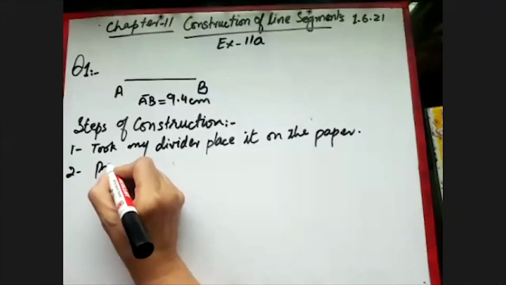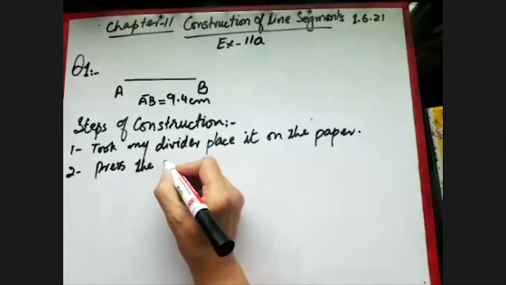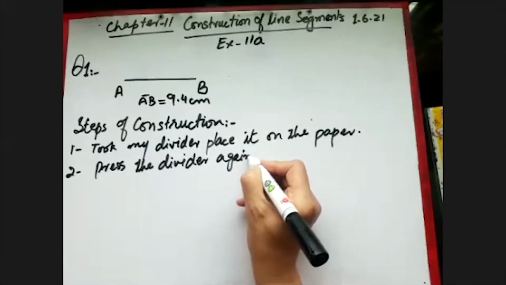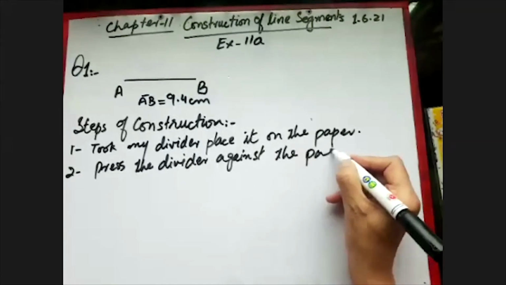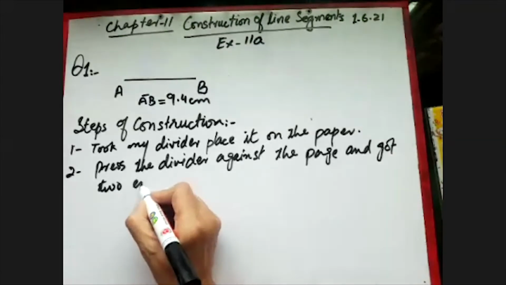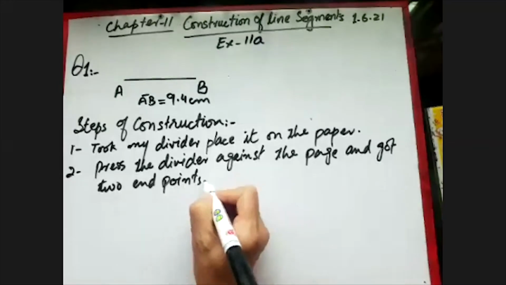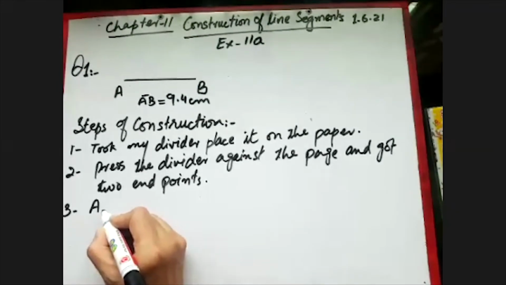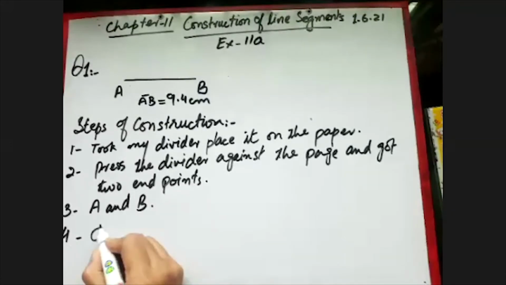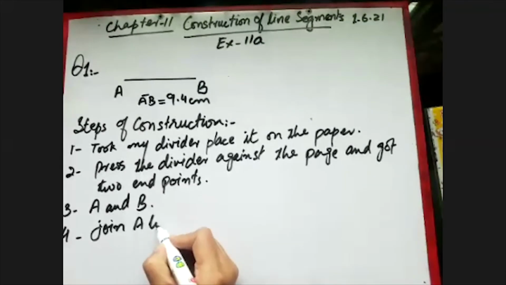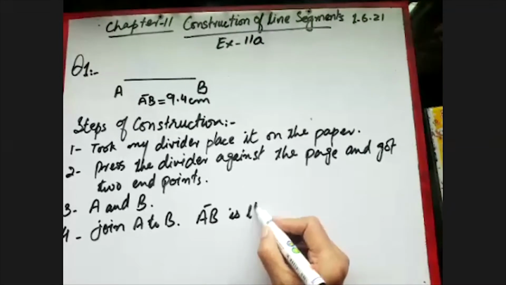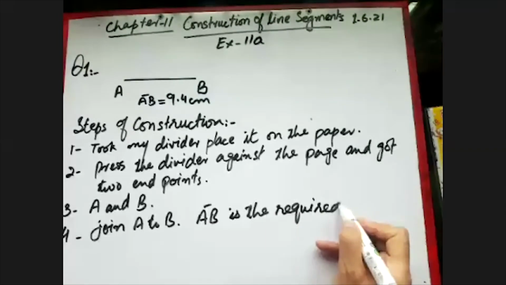Secondly, press the pair of dividers against the page and got two endpoints, A and B. Fourth, join. I join A to B. AB is the required line.